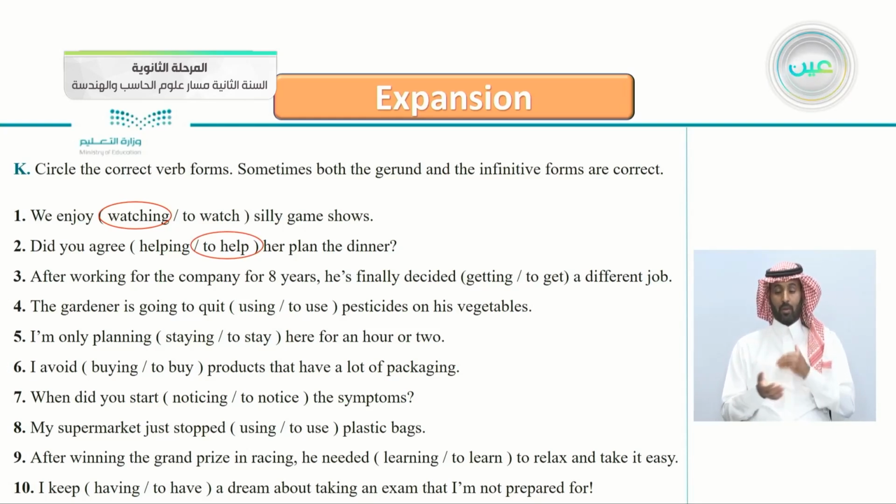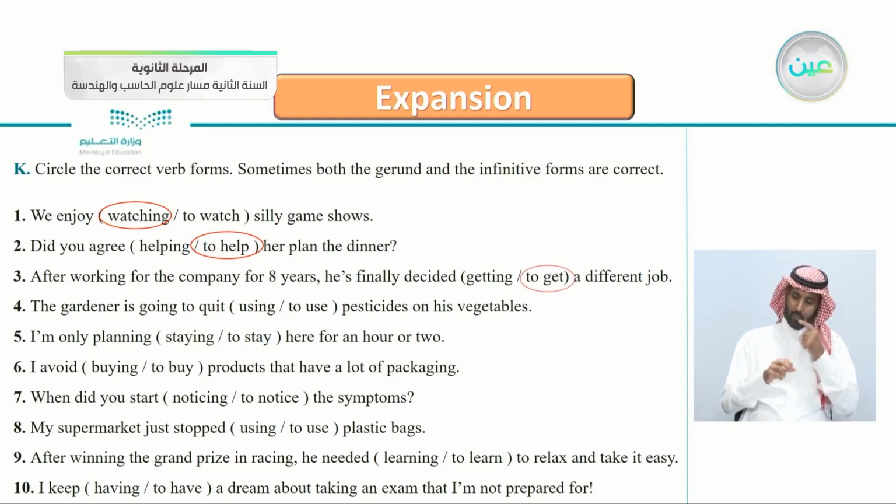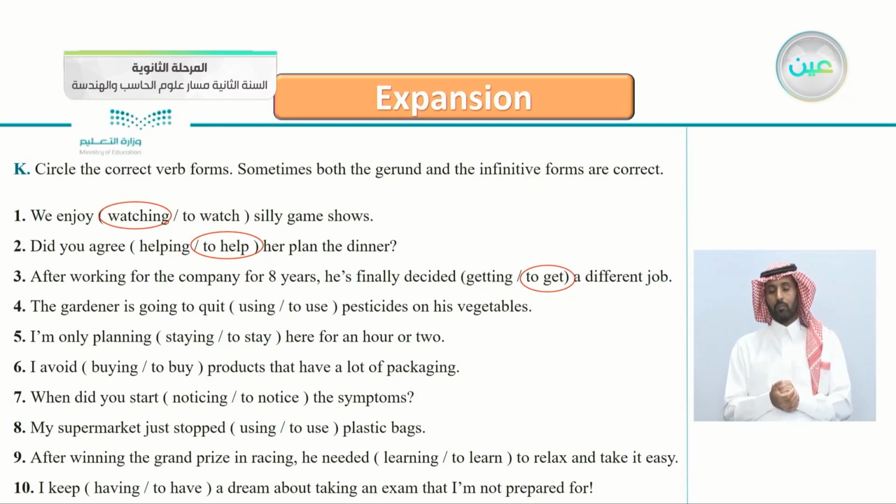Number 3: After working for the company for 8 years, he has finally decided to get or getting a different job. Excellent. To get a different job. Number 4: The gardener is going to quit using or to use pesticides on his vegetables. Yes, to quit using. Excellent.